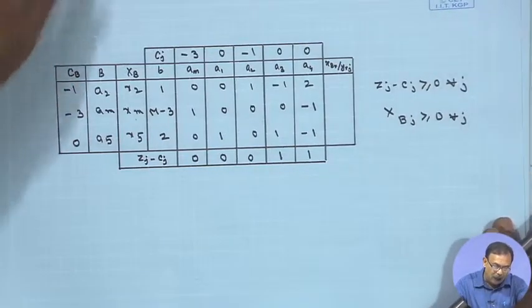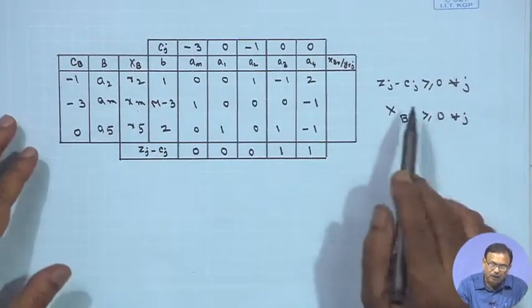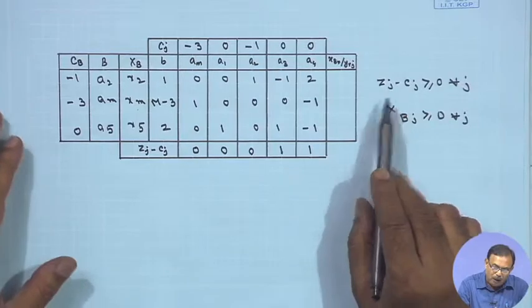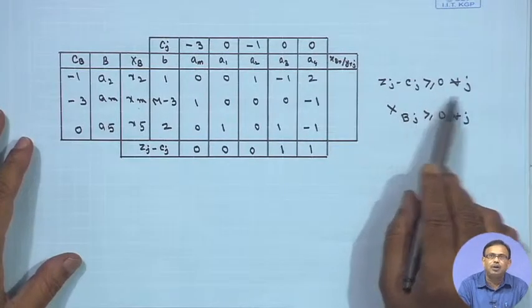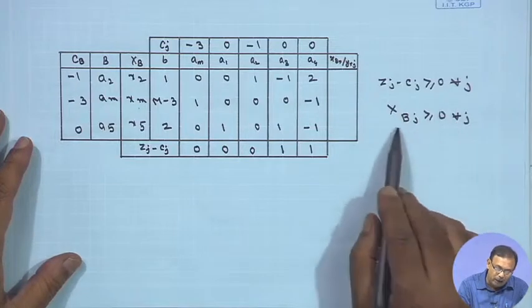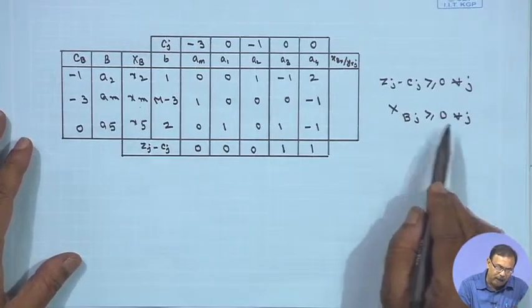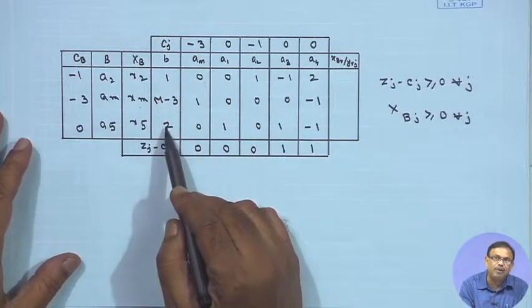Now, at the last stage, for the last table, both zj minus cj are greater than or equal to 0 for all j and all xbj are greater than or equal to 0, which is evident from here.